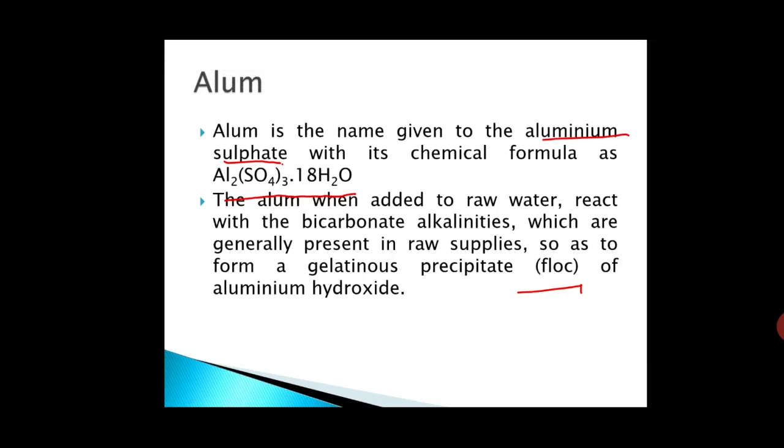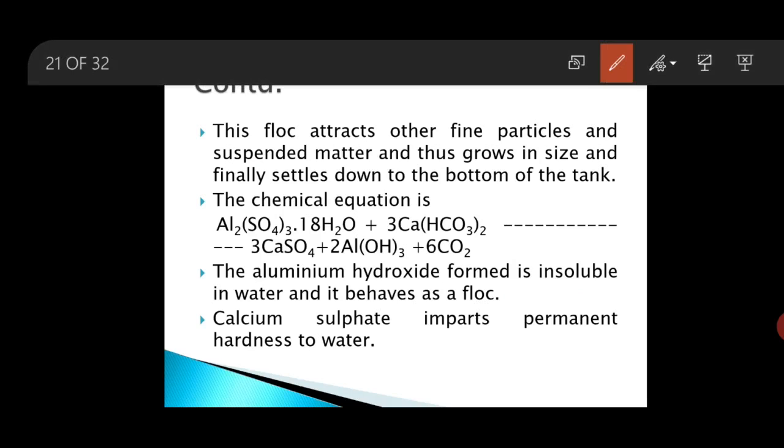So let us see the chemical equation of alum. See here, this is the alum. It will react with the bicarbonate, calcium bicarbonate, which is the alkalinity present in raw water. So alum, when reacting with calcium bicarbonate, will form calcium sulfate and aluminium hydroxide.